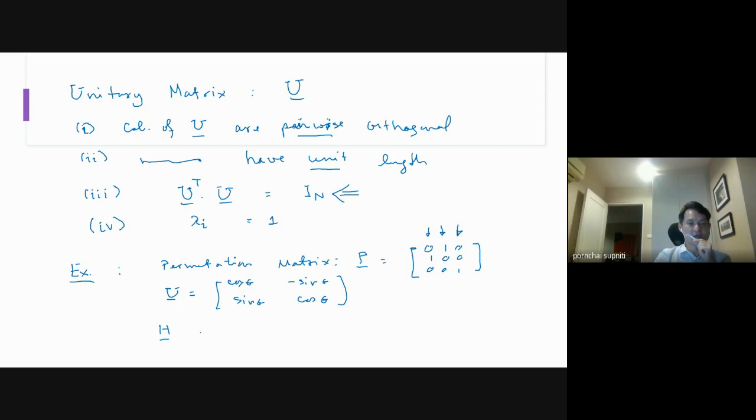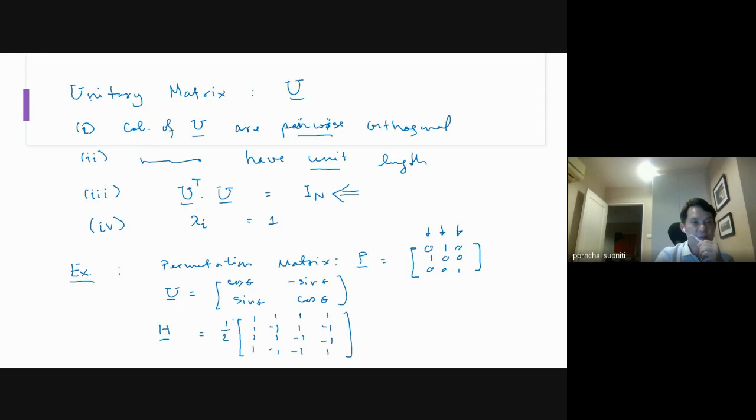Another example is the Hadamard matrix in communication, which is also a unitary matrix. Each column represents a code for different users that are orthogonal to each other.